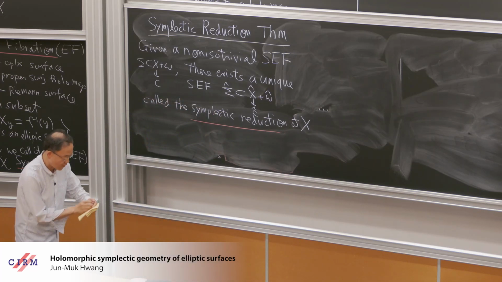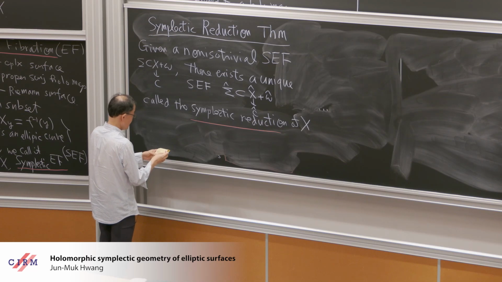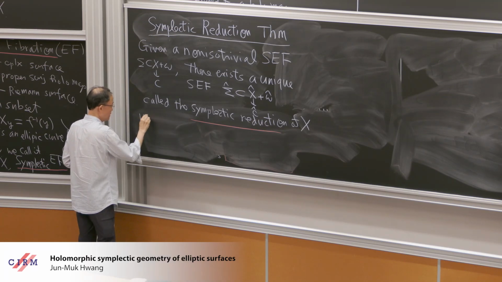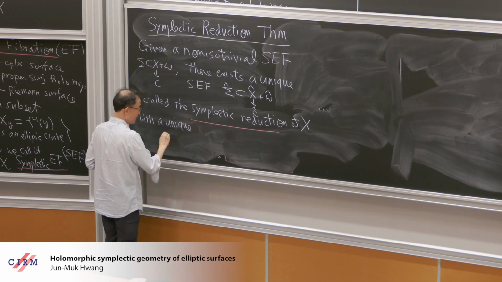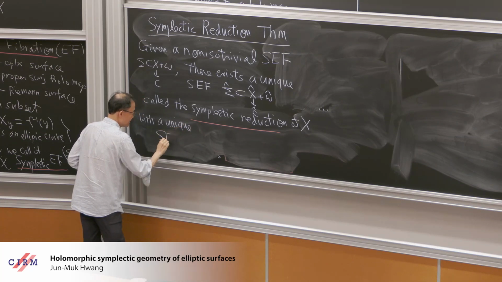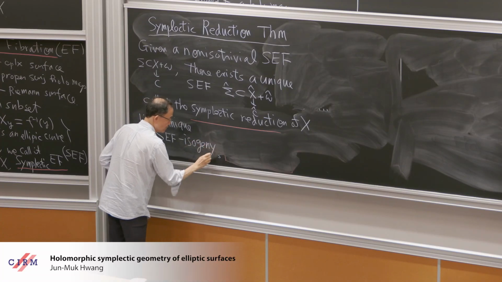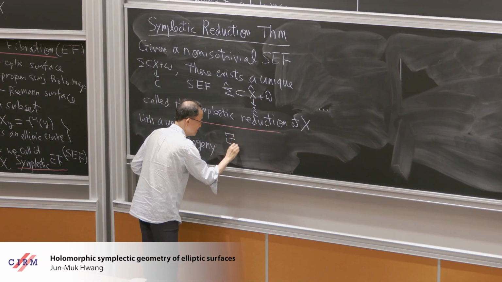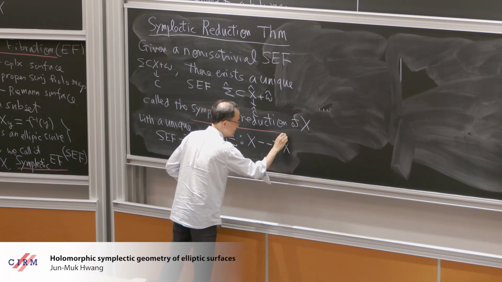And it has the following property. With the unique symplectic elliptic fibration isogeny, which is Xi from x to x hat.